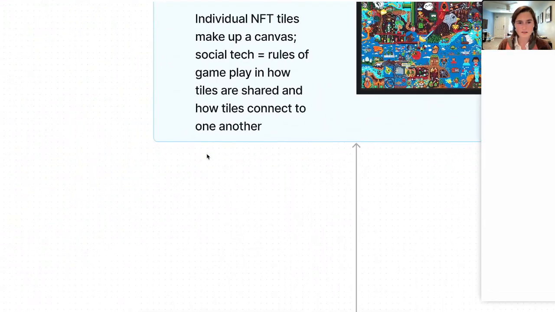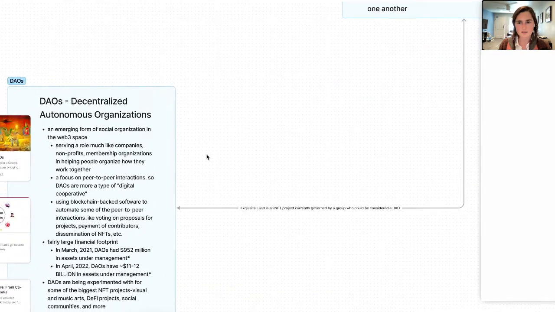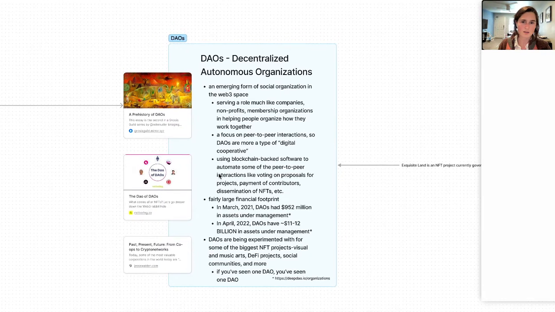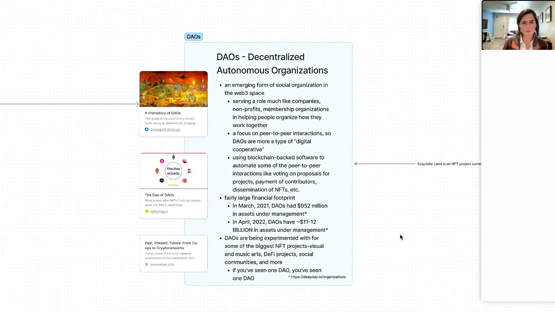And the last thing I'll talk about is more social organization of people around things like Exquisite Land. The group that I'm a part of that built Exquisite Land, we don't call ourselves a DAO, a decentralized autonomous organization, because we're not really using any blockchain software to make decisions.